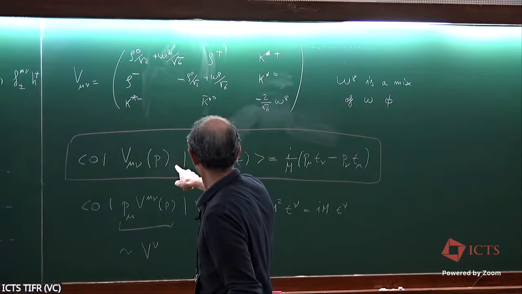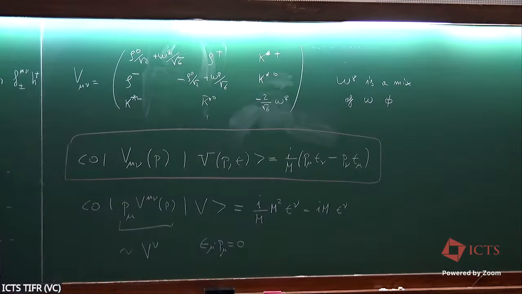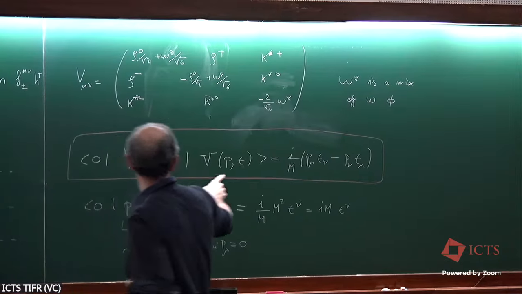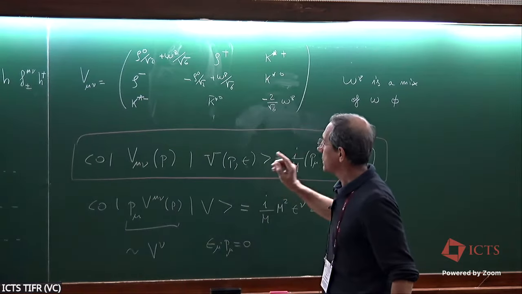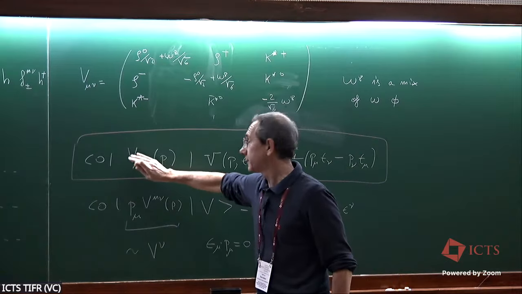On the right-hand side, you want the decay constant, not this. So this FV is a free parameter. Here there is no FV, because this is really the action of the field on the state.